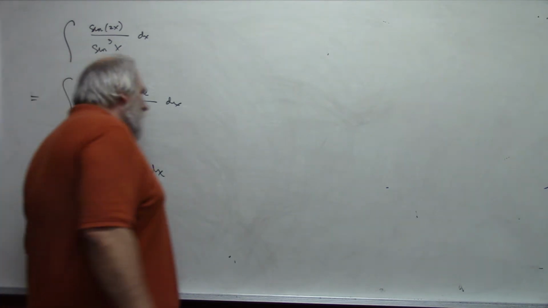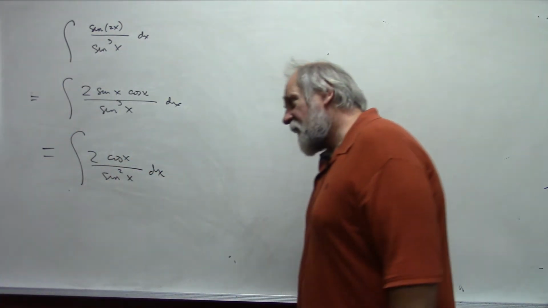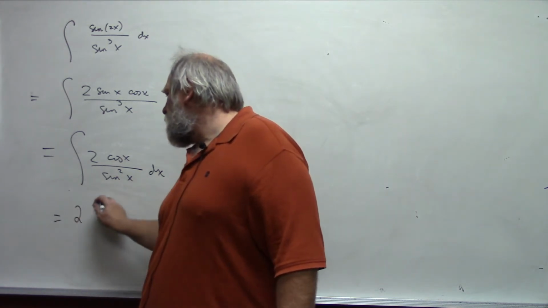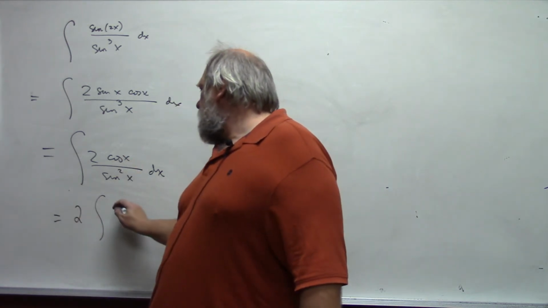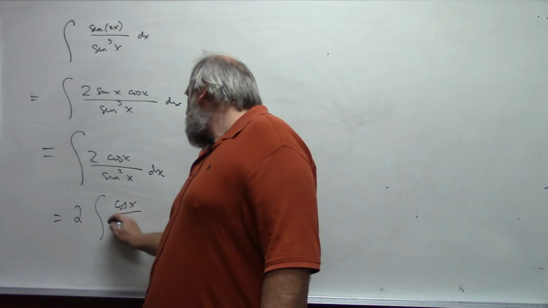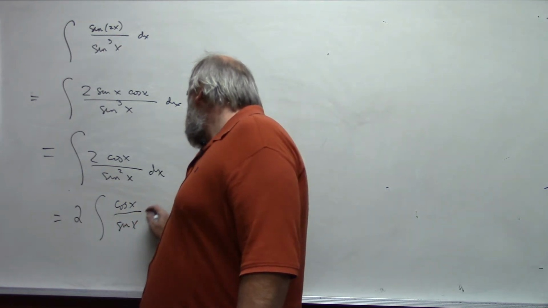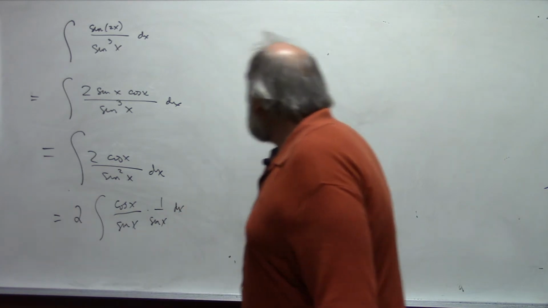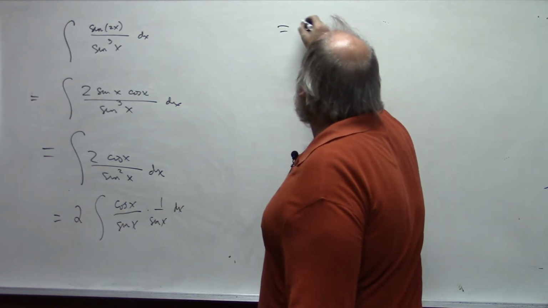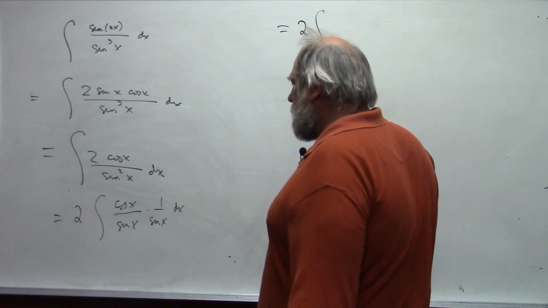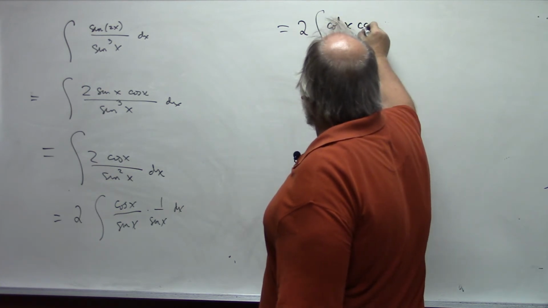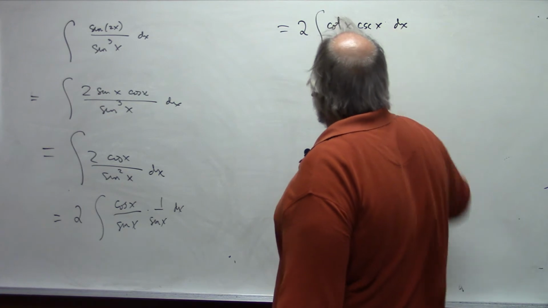But what to do with the cosine of x over sine squared of x? Let me actually bring the 2 out. I can write this as cosine of x over sine of x times 1 over sine of x, which then gives me 2 times the antiderivative of cotangent of x cosecant of x.